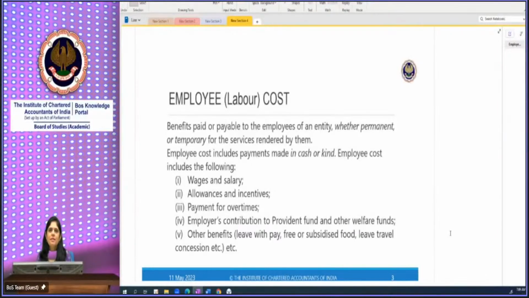The employee doesn't think that this is also a benefit, but the employer is bearing the cost of that also. So the total of cash, kind, benefit, facility, whatever is given to the employee is the total employee cost for the organization, the total labor cost for the organization.